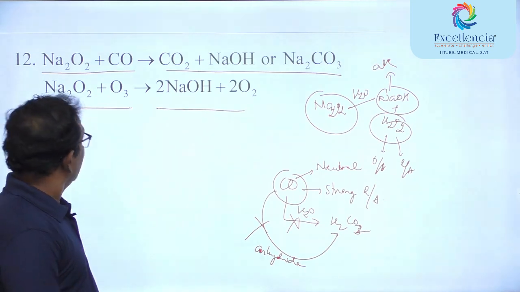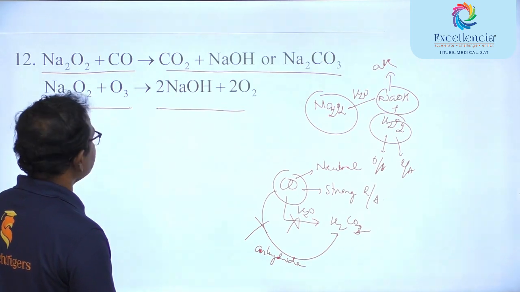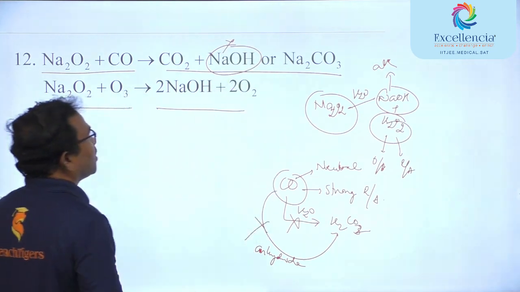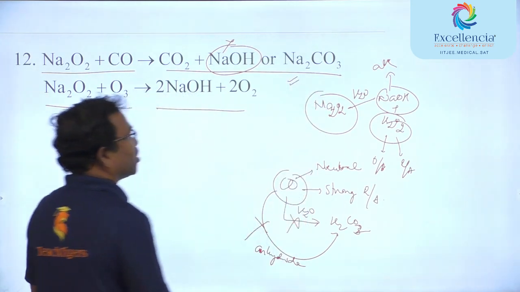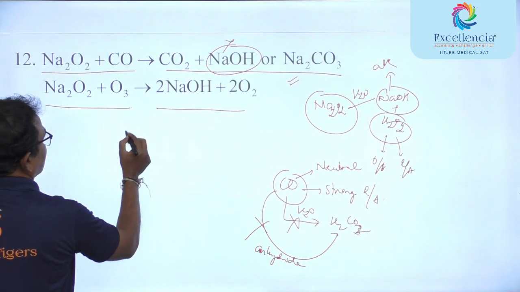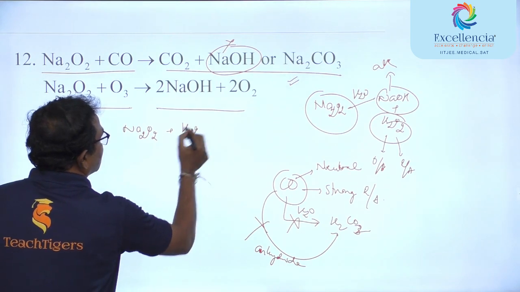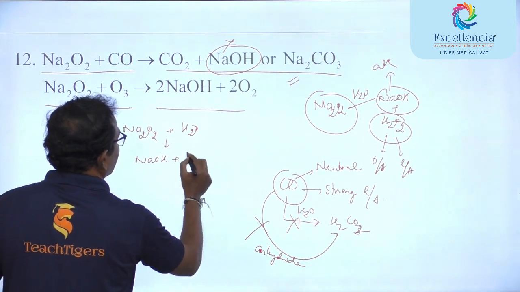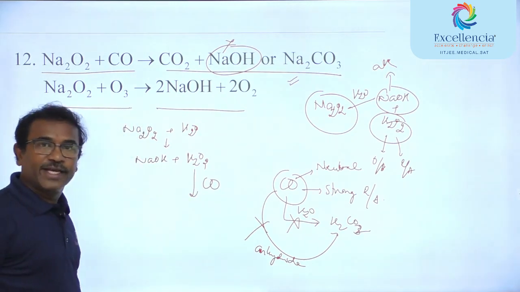Neutral information. That's it. So definitely, what are you supposed to get here now? This is what you're going to get. As simple as that. So sodium peroxide with water should give you sodium hydroxide plus H2O2, and carbon monoxide is a strong reducing agent.